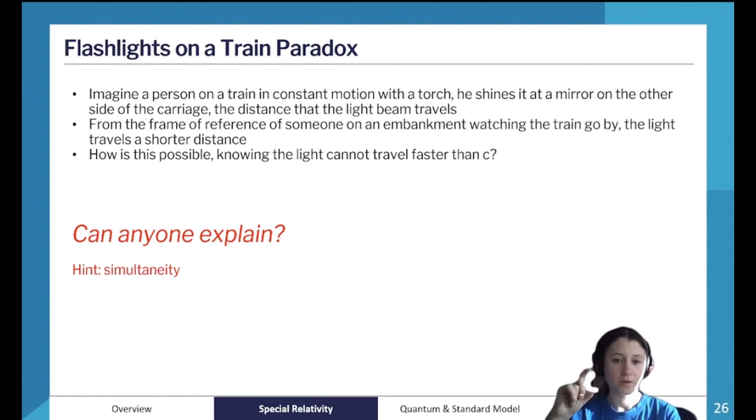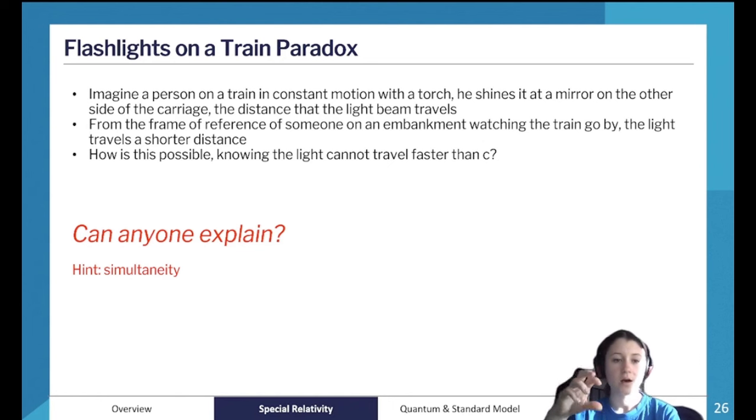However, a person on an embankment watches the train go by and sees that the light travels a shorter distance. All right? How is this possible? Knowing that the light cannot travel faster than c.